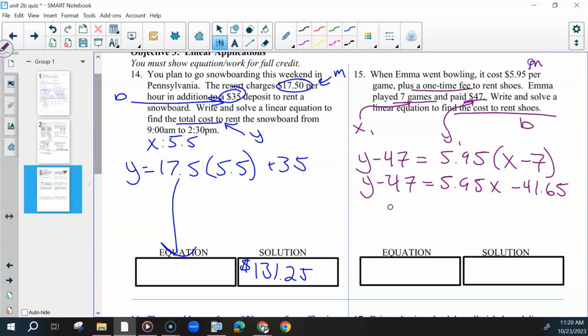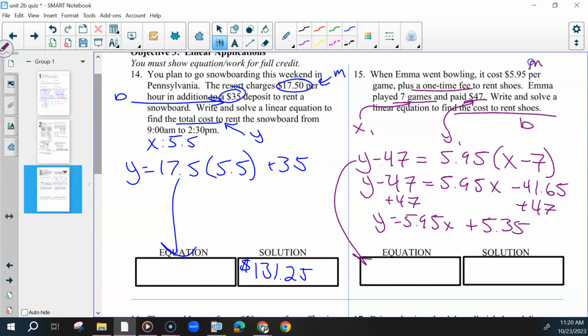And then get y by itself by adding 47. So that y equals 5 times 5x plus 535. So this original would have been your equation.